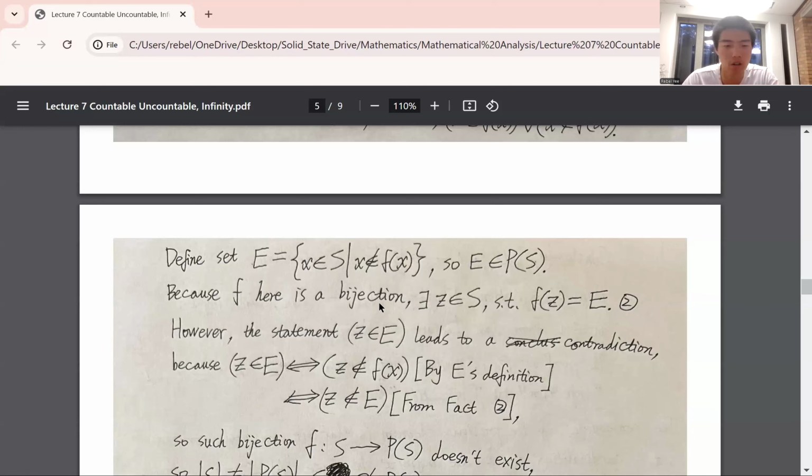So now we reach a contradiction here. The statement that z belongs to E leads to a contradiction.